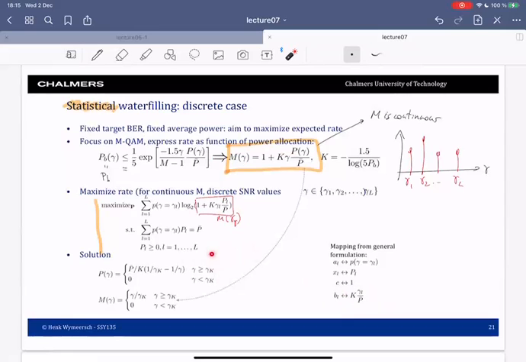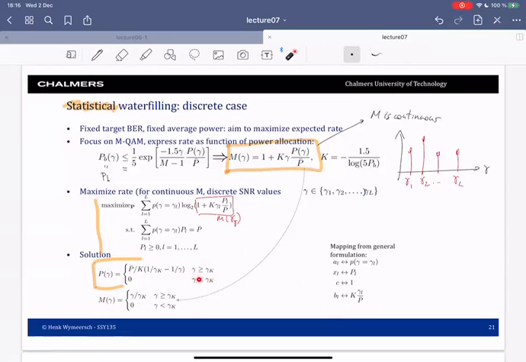So we can then apply the standard technique and find the water filling solution, which is this one here. This is the water filling solution, which tells us that the power we should allocate is given by this expression above a cutoff value and 0 below a cutoff value.